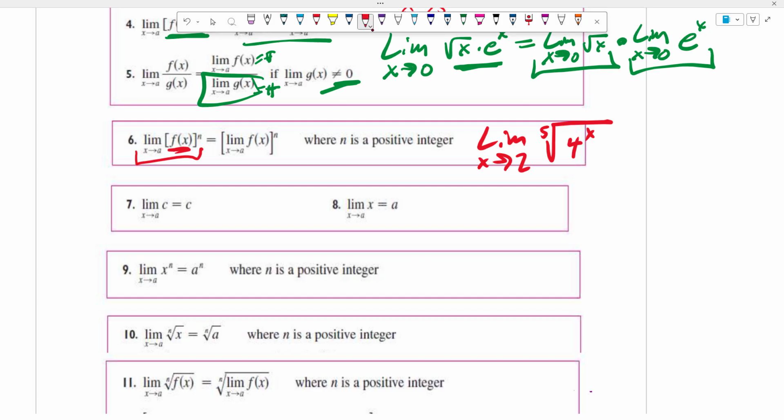Oh, that's not the best example. Let me go with cosine of x, where the fifth root is what power? 1/5 power. So that's the fifth root, or 1/5 power, of the limit.